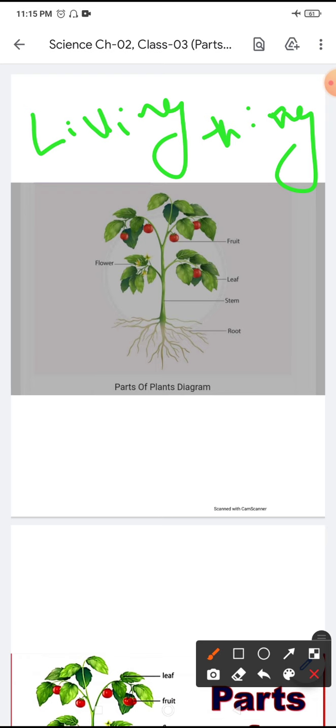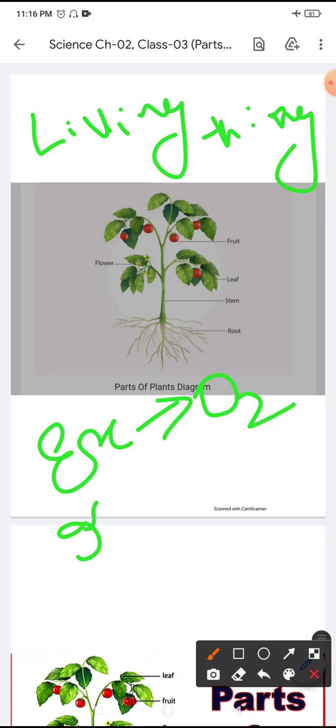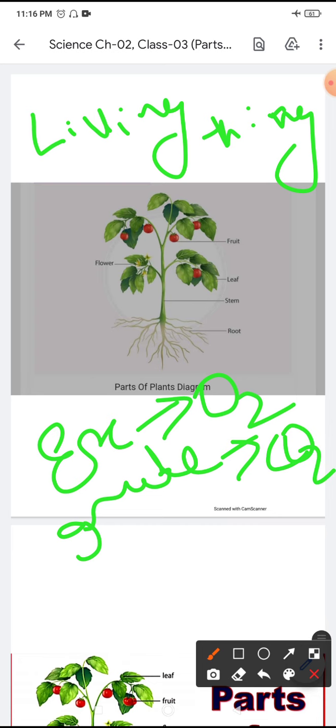Okay, and they act as a source of food and oxygen and maintain the ecological balance. Ecological means by the process of photosynthesis they can make their own food by themselves. Okay, and in this process they exhale oxygen and inhale CO2.